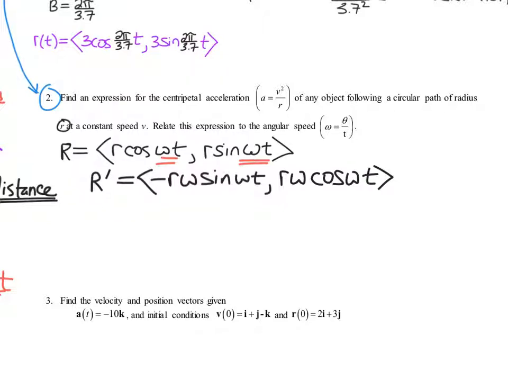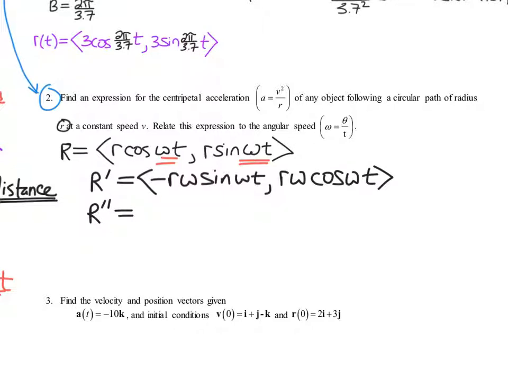All right, now we're looking for acceleration, so I have to do that again. And at this point, you could actually come up with a measure for velocity. It's not really difficult.